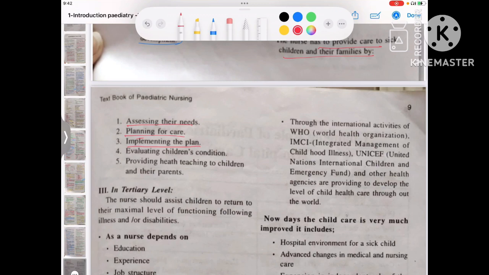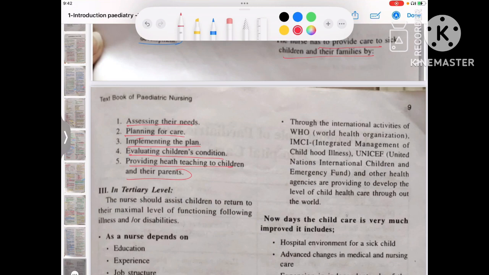Next one, evaluating the children's condition. Everything has been given, treatment, care, and we will check and monitor the children's condition, whether it has reduced or how it is. So how is the baby's condition now? So that is evaluating the children's condition, and providing health education to children and their family members or parents.